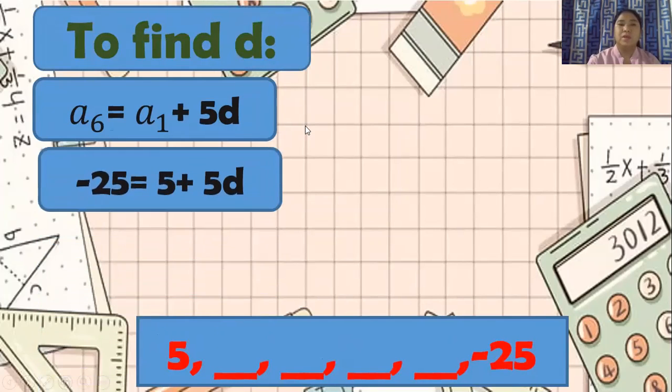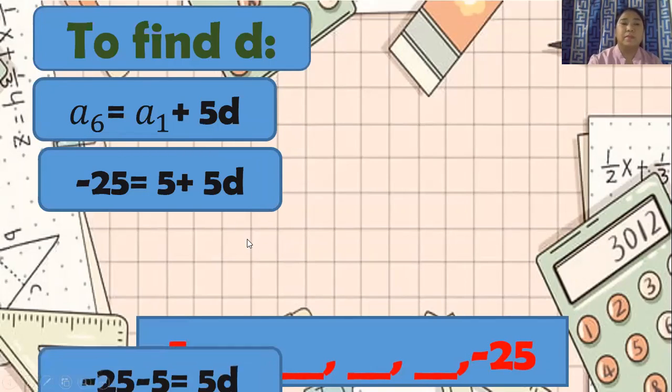Let us substitute: a sub 6 is -25, this is equivalent to 5, which is a sub 1, plus 5d. Bakit ba naging 5d yan? Kung matatandaan nyo, the general rule in arithmetic sequence is a sub n is equal to a sub 1 plus the quantity n minus 1. So n is 6 minus 1, so this is 5. Yun yung ating explanation doon.